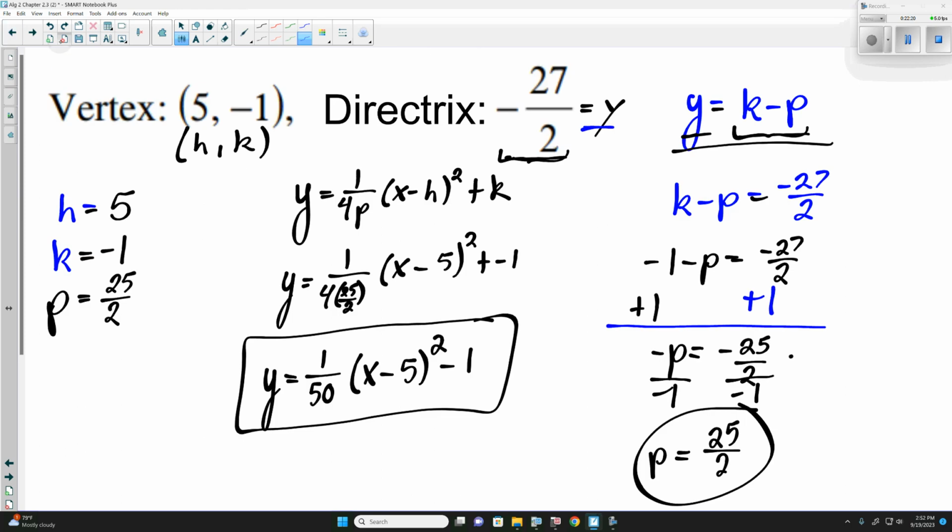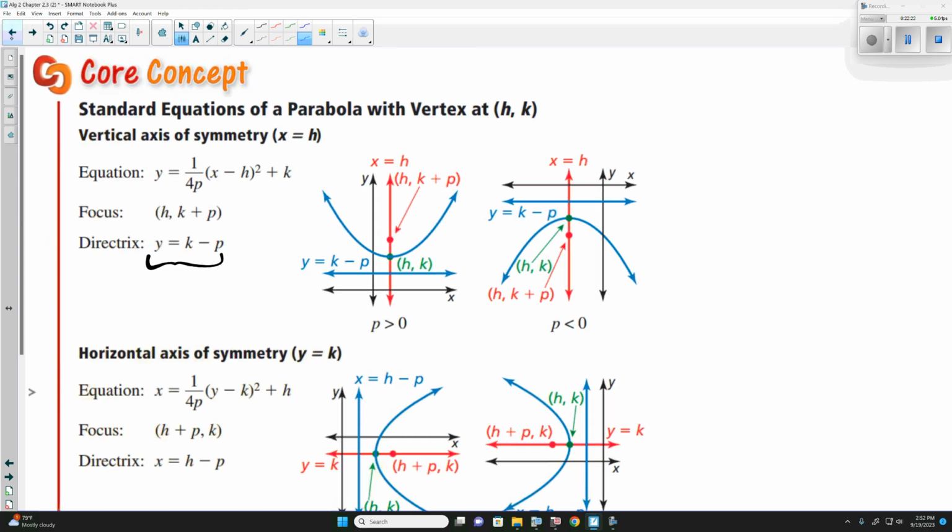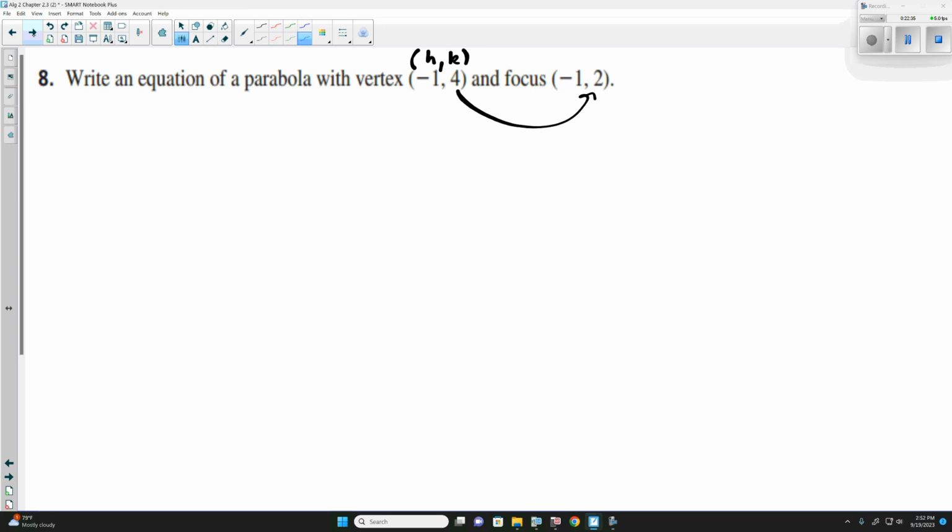And if we look back at the general form for y equals, the x value is still h, the y value is now k plus p. So the y value changed, which means that we're looking at our y equals 1 over 4p times x minus h squared plus k.